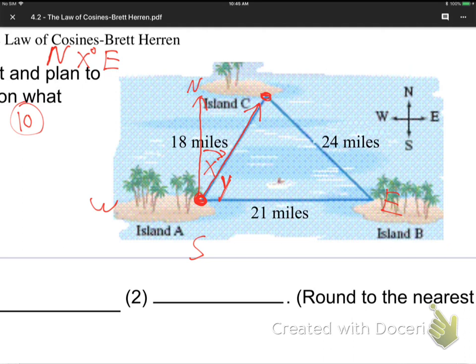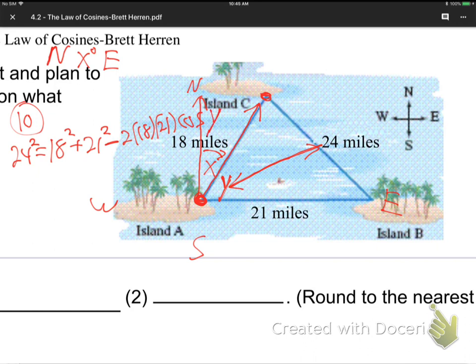I'll move it over. What do we got? 18. So for law of cosines, you start with the side across from the angle that you want. So it's going to be 24 squared is 18 squared plus 21 squared minus 2 times 18 times 21 times the cosine of angle y, which is across from the 24, right?